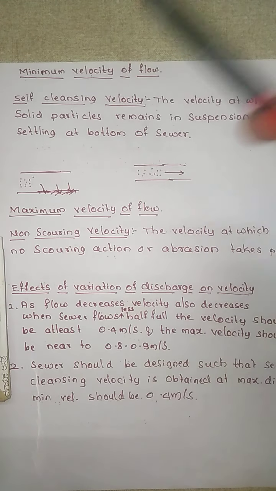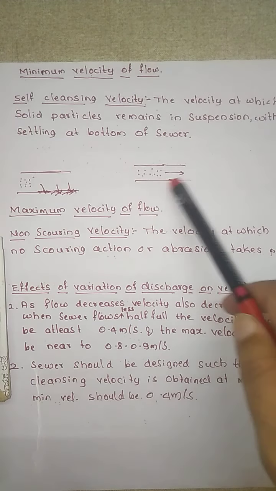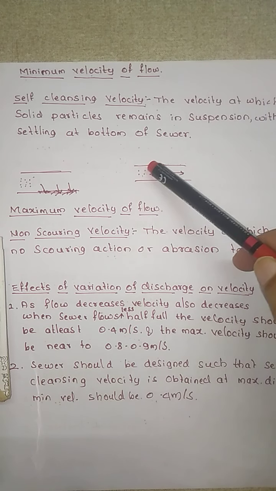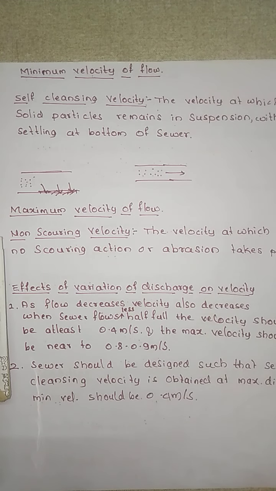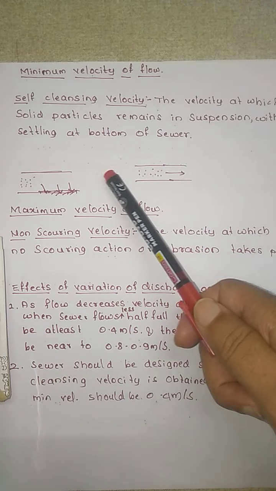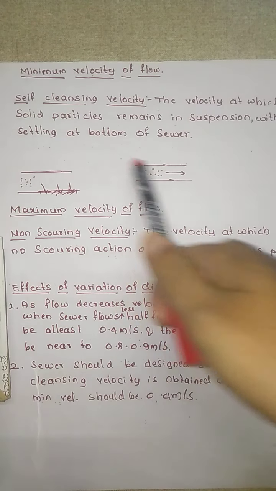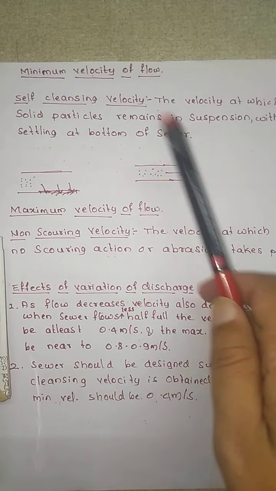Now if the sewer has sufficient velocity, these particles, due to the minimum velocity, would not get settled at the bottom. They remain in suspension and are carried till the discharge point, and there will be continuous movement of the wastewater in these sewers.